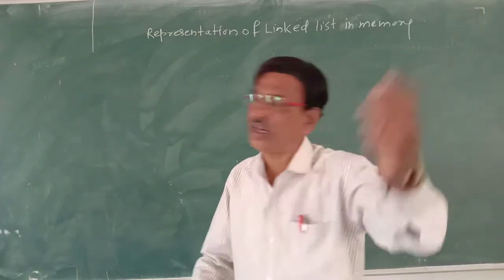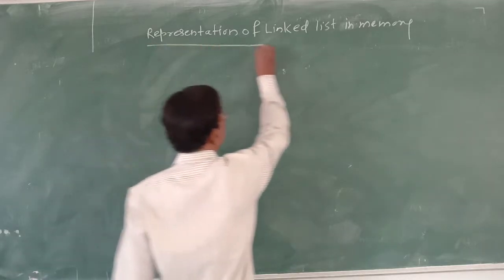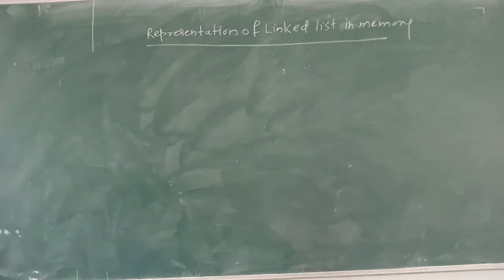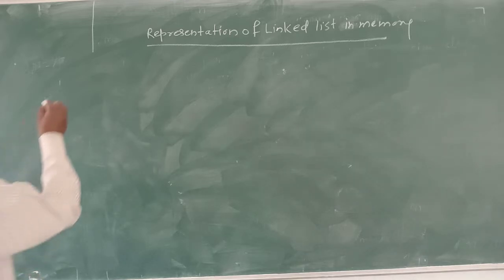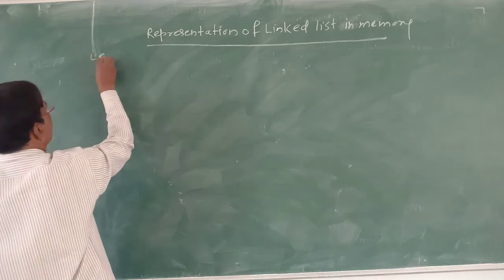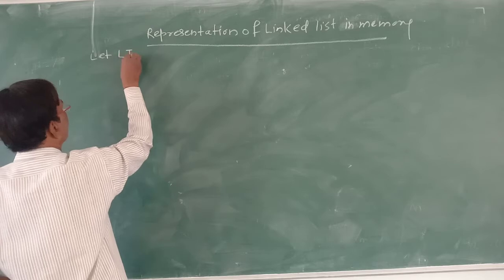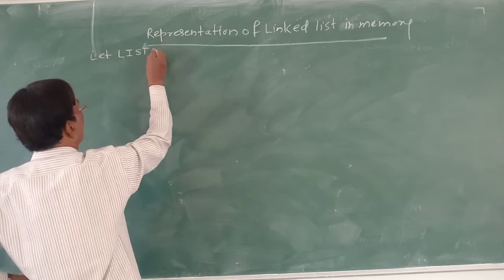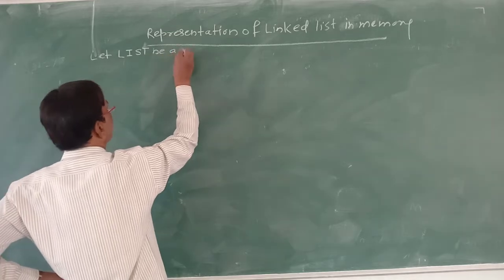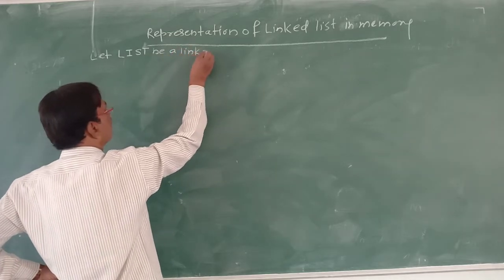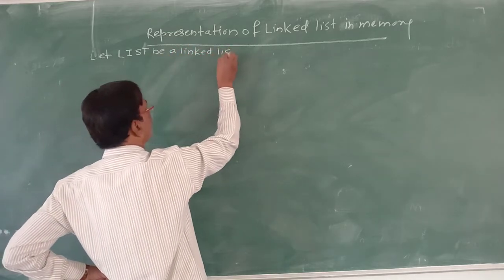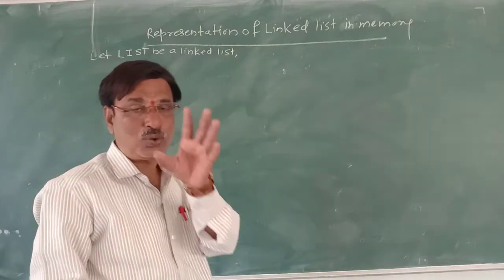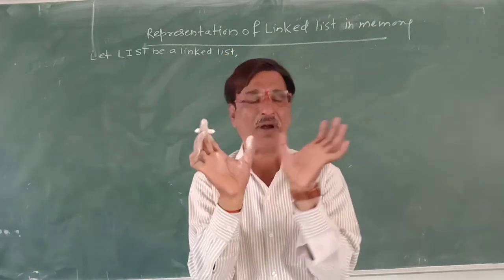So let list be a linked list. Then how to store it? Because the first is the info part, the second is the link part.